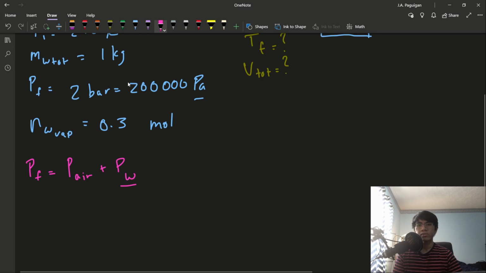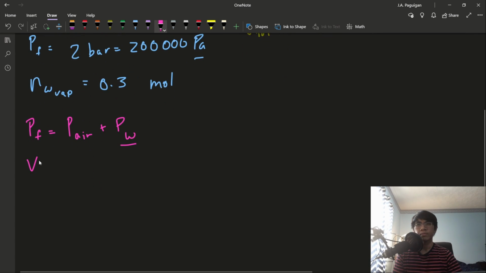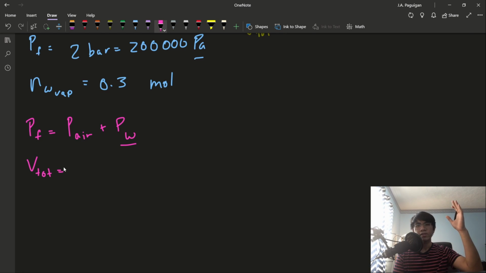So other generalities we know, okay, well, volume total, since we know it's going to be ideal gases, we can just basically say that the vapor phase at top, the gases that occupy that volume, and the volume occupied by the liquid water down below, that's just basically going to be our total volume.